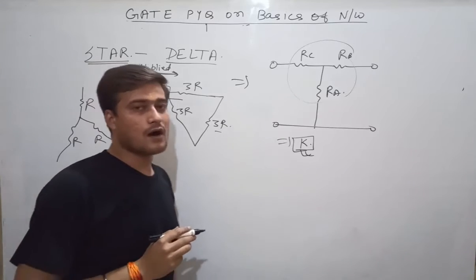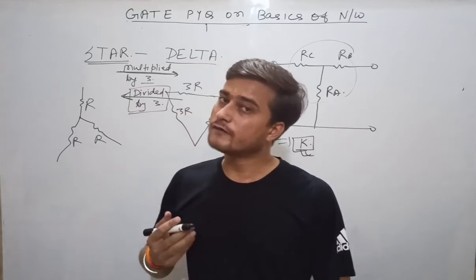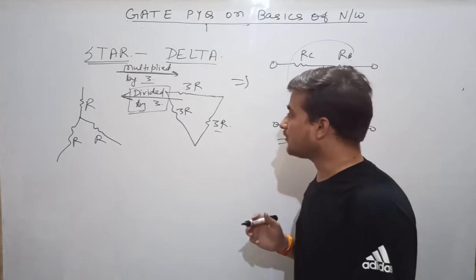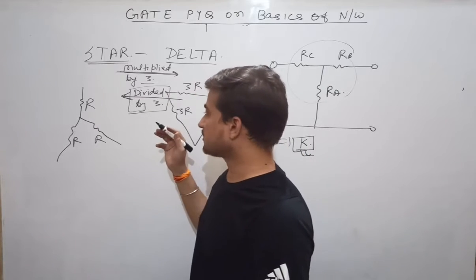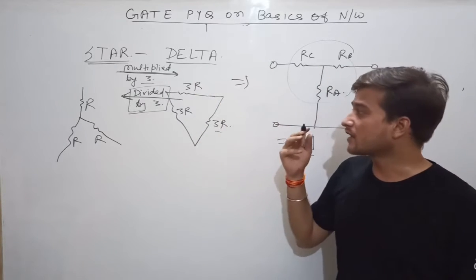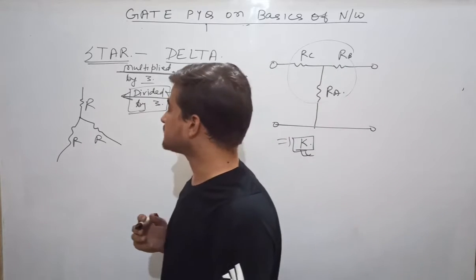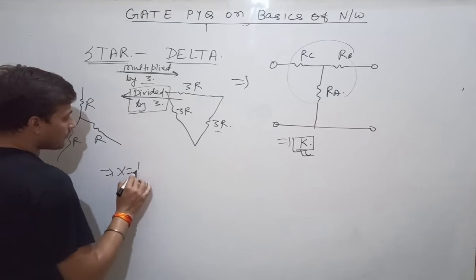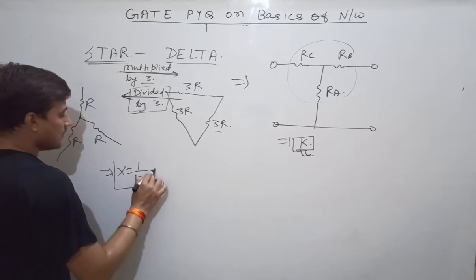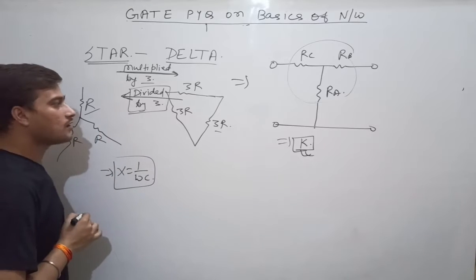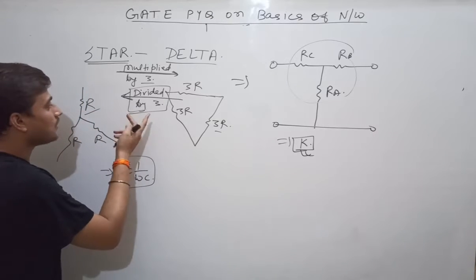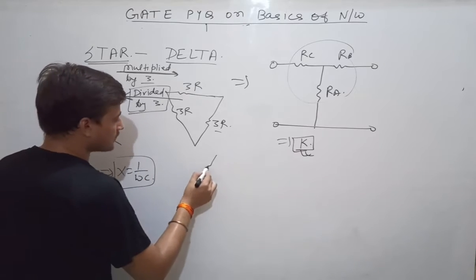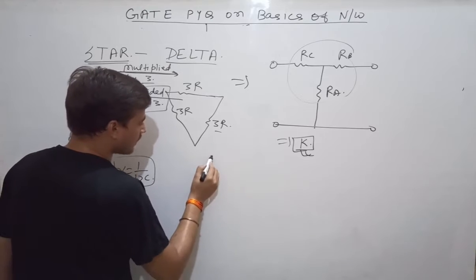Now, if you are having inductors in place of resistances, the same thing will be applicable. But if there are capacitors in place of resistors, the reactance is equal to 1 by omega C. That means here it is R, so here it will be 1 by C, so everything will be opposite. Suppose 3 capacitors C, C, C are connected in a star.